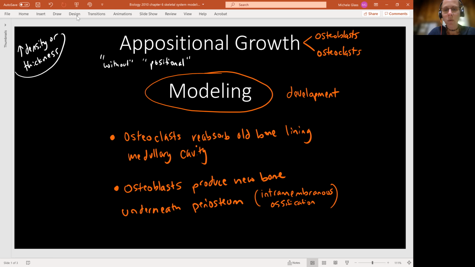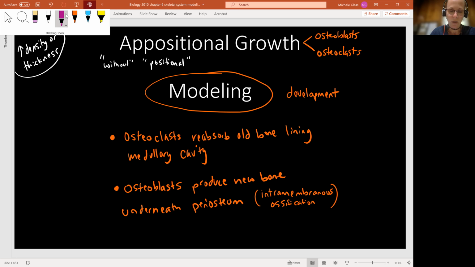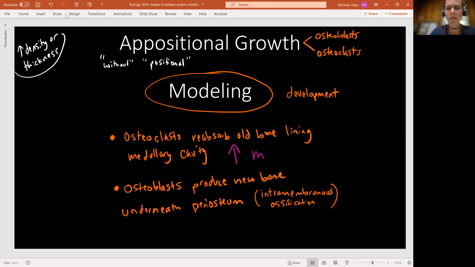And so really the key things that we see happening here, as part of this modeling, is we're increasing the size of the medullary cavity, and we're increasing the thickness or density of the compact bone.